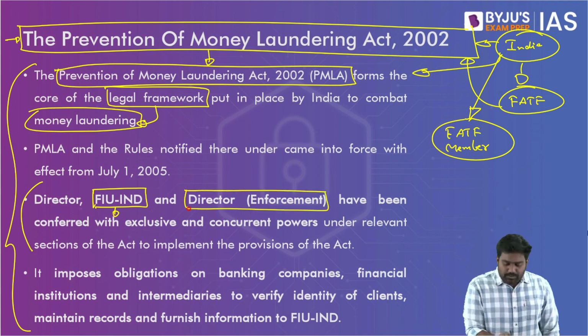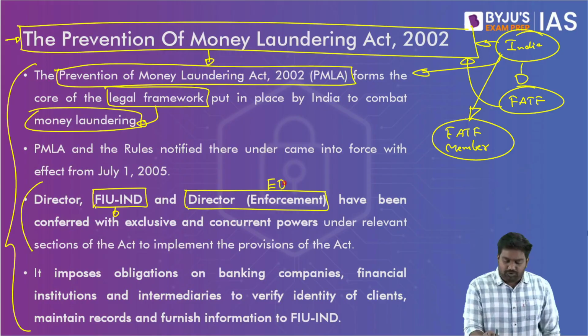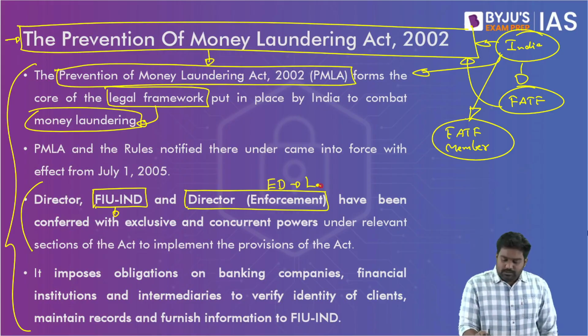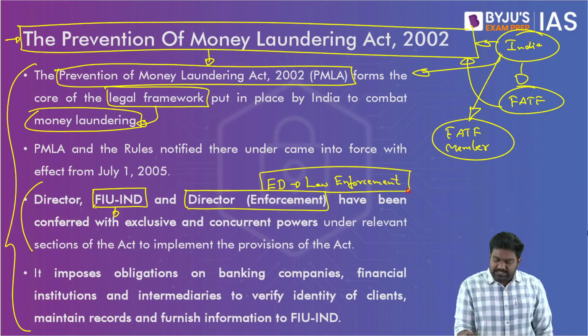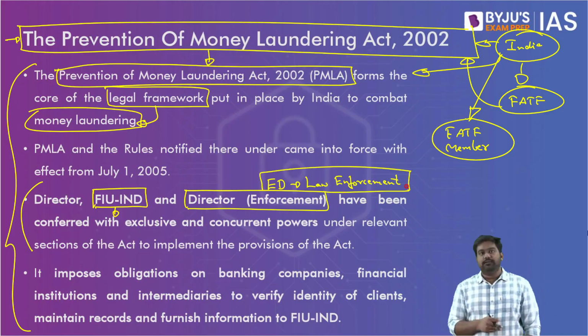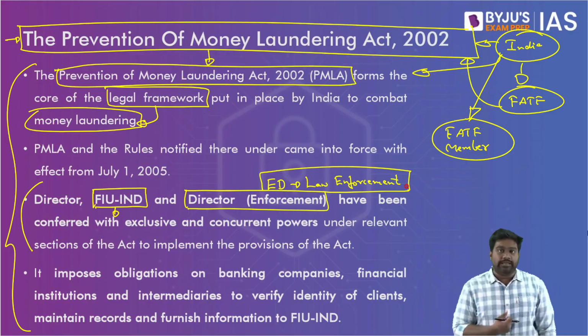We have set up the ED, the Enforcement Directorate or Directorate of Enforcement. So we basically have a law enforcement agency. ED was there from before as well, right? It's actually an old organization dealing with foreign exchange violations.